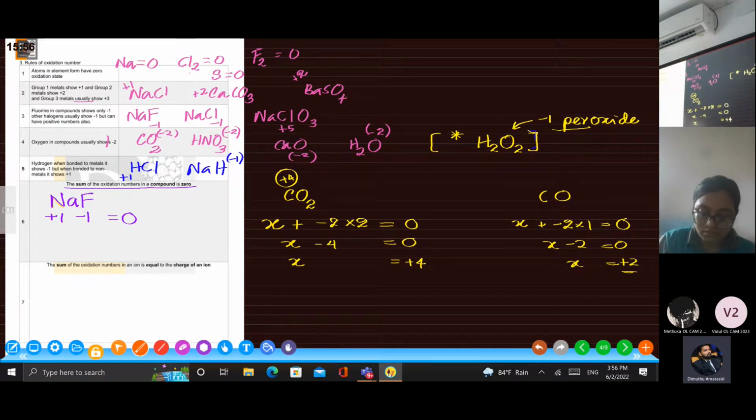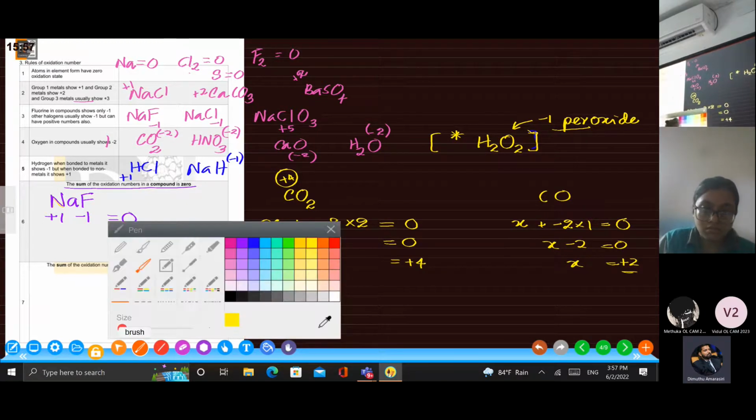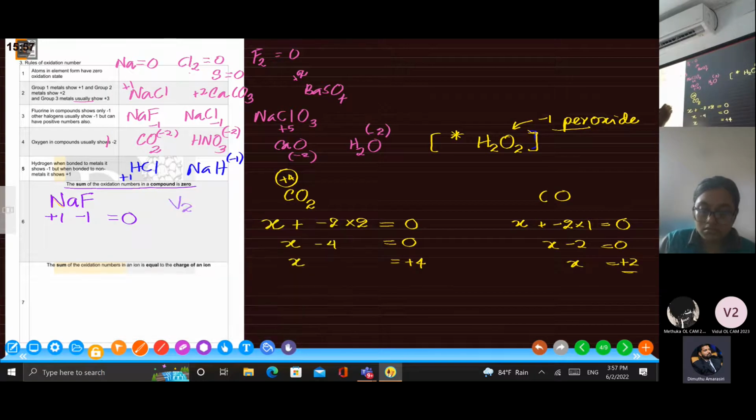Okay, right. I'll do one more example to get a better idea of this. Let's take a transition element oxide, vanadium oxide. Now I want to find out vanadium. Help me.